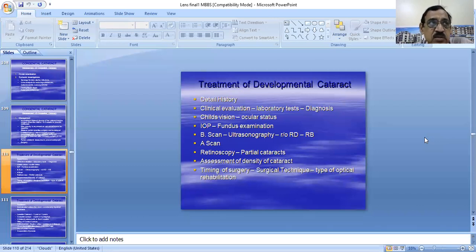In rubella syndrome or rubella cataract, we may find a salt and pepper type of retina, and we can also make out retinopathy of prematurity and retinoblastoma in the newborn when we do the fundus examination. A B scan ultrasonography will also have to be done to rule out retinal detachment and retinoblastoma.